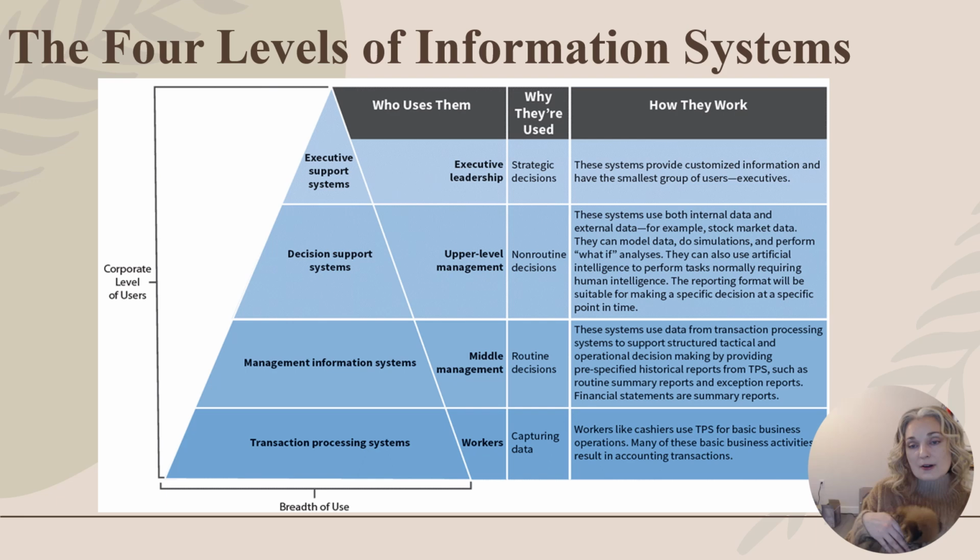They can use AI to perform tasks normally requiring human intelligence, and the reporting format will be suitable for making specific decisions at a specific point in time. So these are your non-routine decisions, such as should we purchase our competitor? Should we expand our product line? You would do those types of analysis and answer those questions with decision support systems.